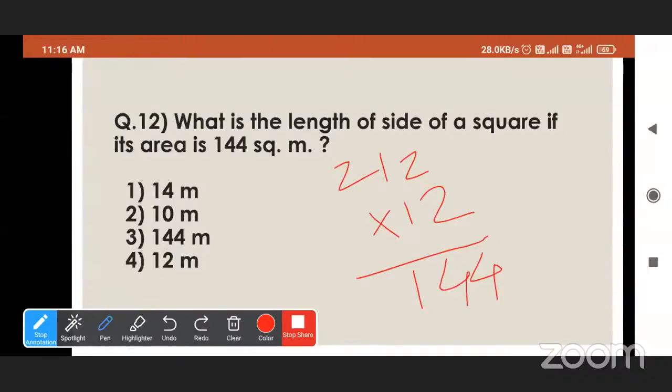So if we multiply 12 by 12, then we will get 144. So which option is correct? Sir, option 3 is correct. Good. Third one is correct. So the side of a square is 12 meter. Good.